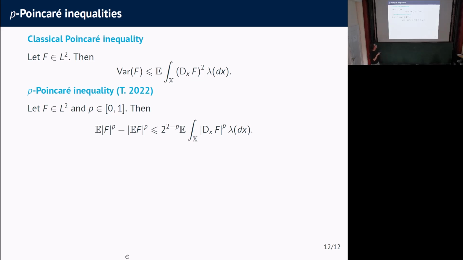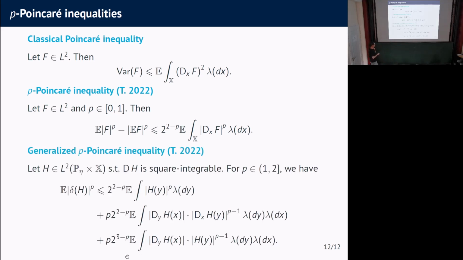So for p between 1 and 2, a similar inequality would hold, in that the p-th moment of your functional can be bounded by the p-th moment of your add-one cost. And in fact, you can show this via an Ornstein-Uhlenbeck semigroup approach, but you can also derive it from a more general inequality, which is this one, which is the one we also need in order to approach the Kolmogorov distance.